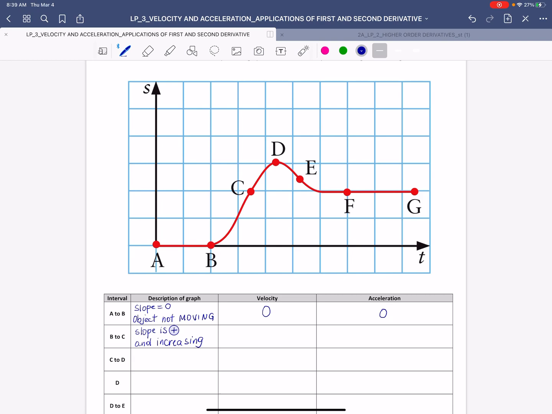Remember that the slope of the tangent measures the rate of change of position, and the rate of change of position measures velocity. So we'll say that velocity is positive. And velocity is increasing in value.